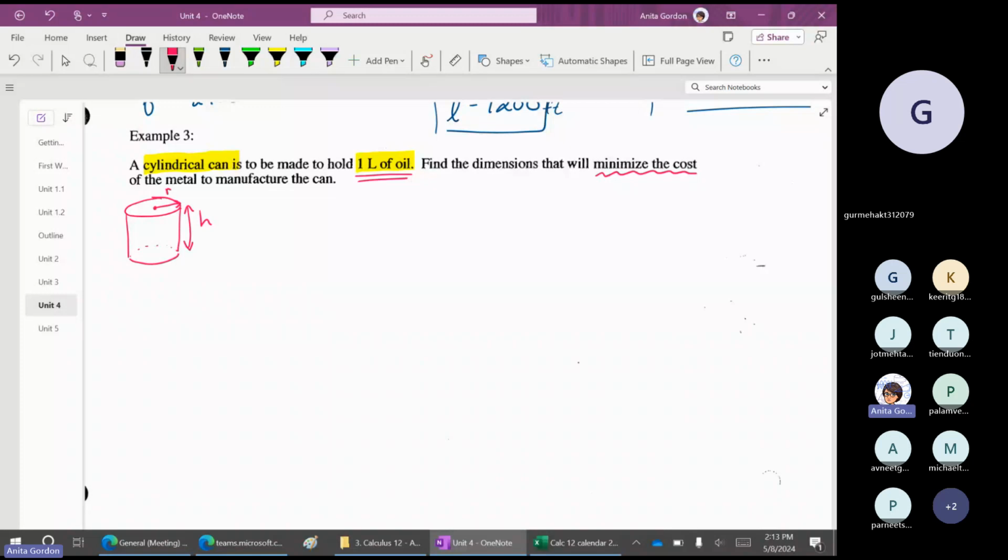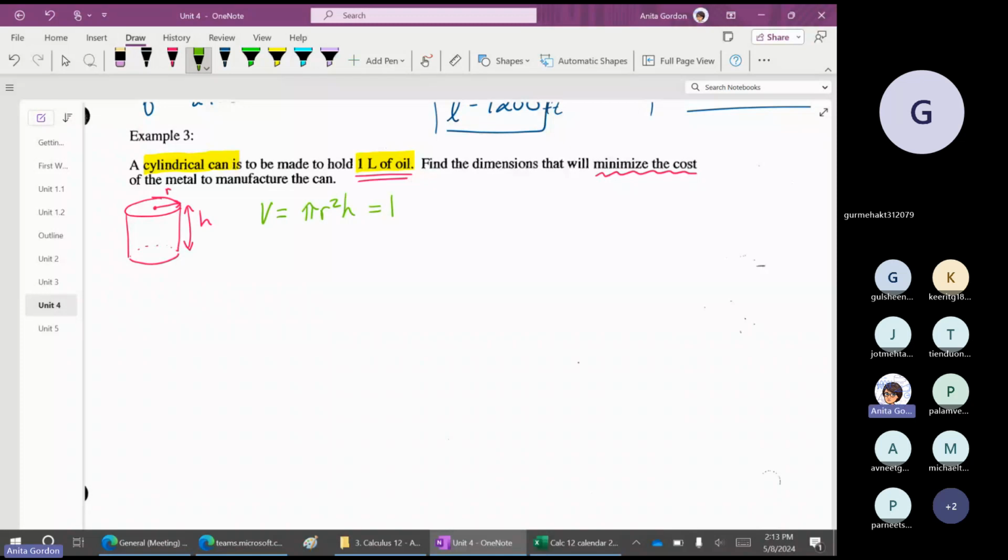Oh, let's do an easier one. How about we do volume? Pi r squared times height or length, depends what you label it, okay? So now, we know the volume, we know the volume equation, and we know the volume must be 1 because we are choosing to use liters as our unit of measurement, sorry.